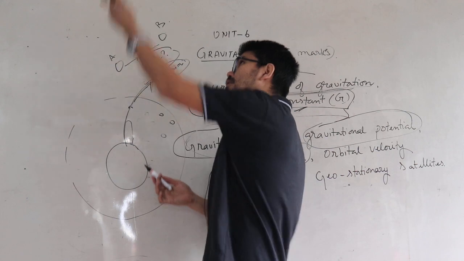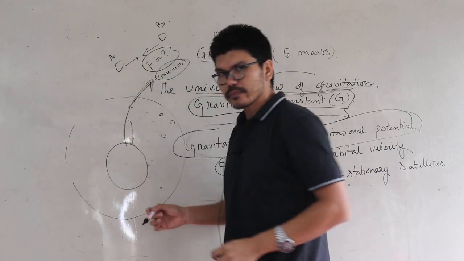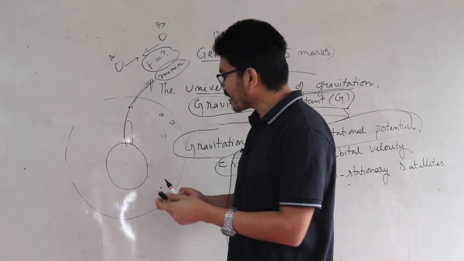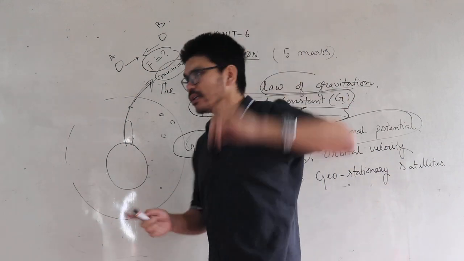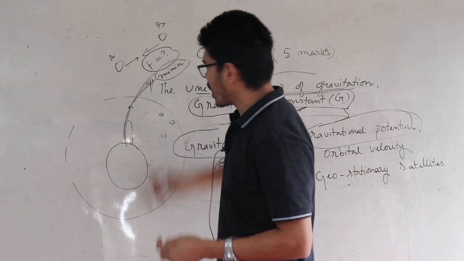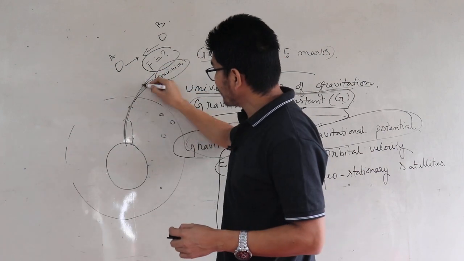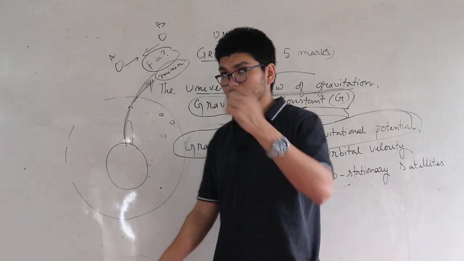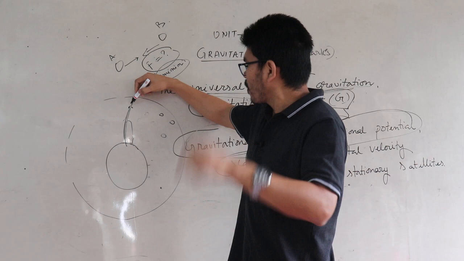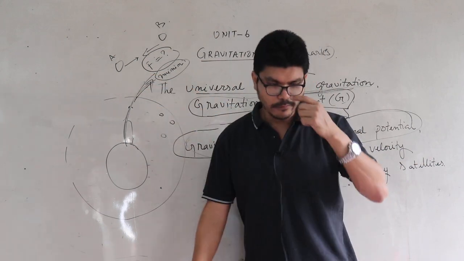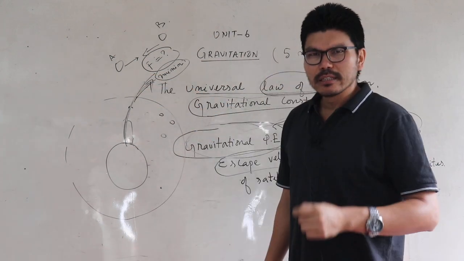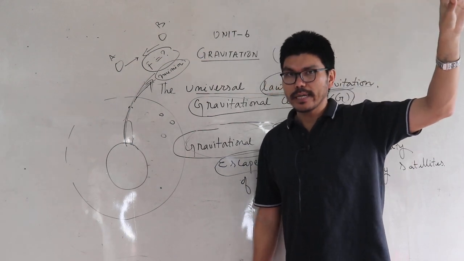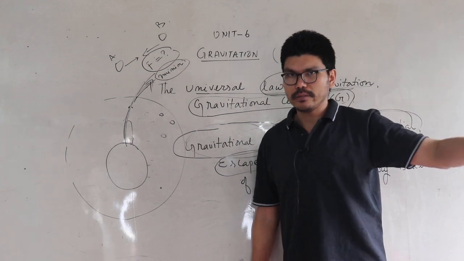No matter how high you throw the body, it will fall down, because you are not throwing the ball with a very great velocity. But if you throw the ball with a very great velocity, the body will not return to the Earth again. That velocity to be possessed by the body so that it may not come back to Earth is what we call escape velocity. It simply means the velocity required by a body so that it may escape from the Earth's gravitational field.